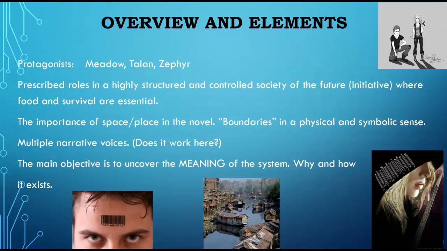There are these different places that are important, and they have boundaries, both physical and symbolic, right? This is a place where you go when you do X. This is a place where you don't go unless you do Y, okay? So incredible structure. Even the physical space is highly structured, because what the author is doing is creating a very self-contained world, with rules, okay?